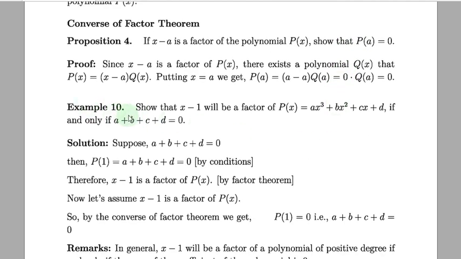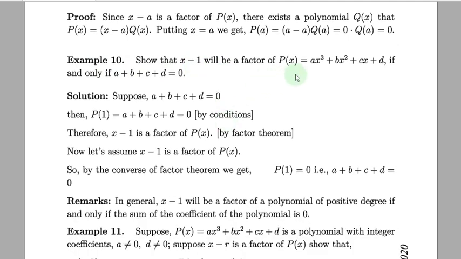Now in example 10, show that x minus 1 will be a factor of p(x) if and only if a plus b plus c plus d is equal to 0. How can you prove that? In the condition it is given that this is 0. Now to show that x minus 1 will be a factor, you need to find the value of p(1). So p(1) is equal to a plus b plus c plus d, which is equal to 0.